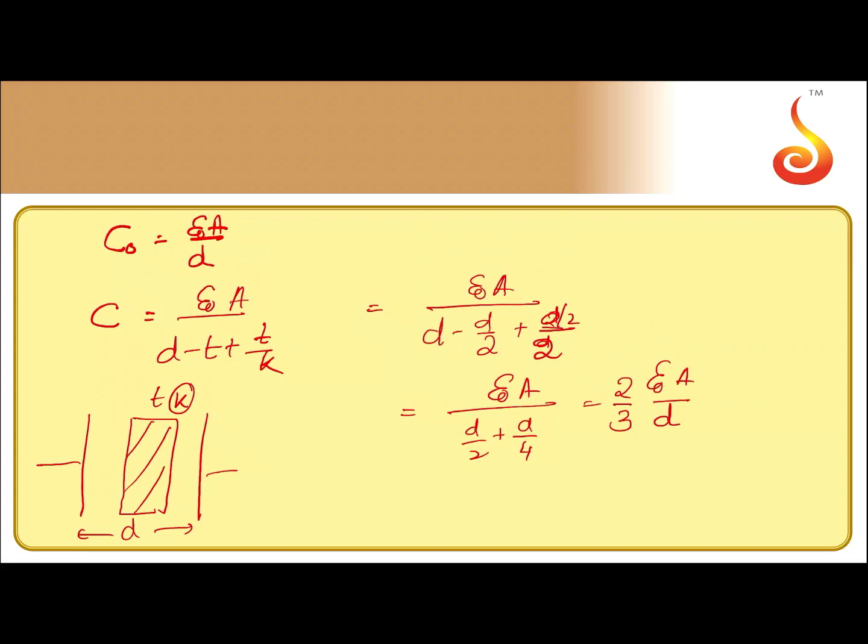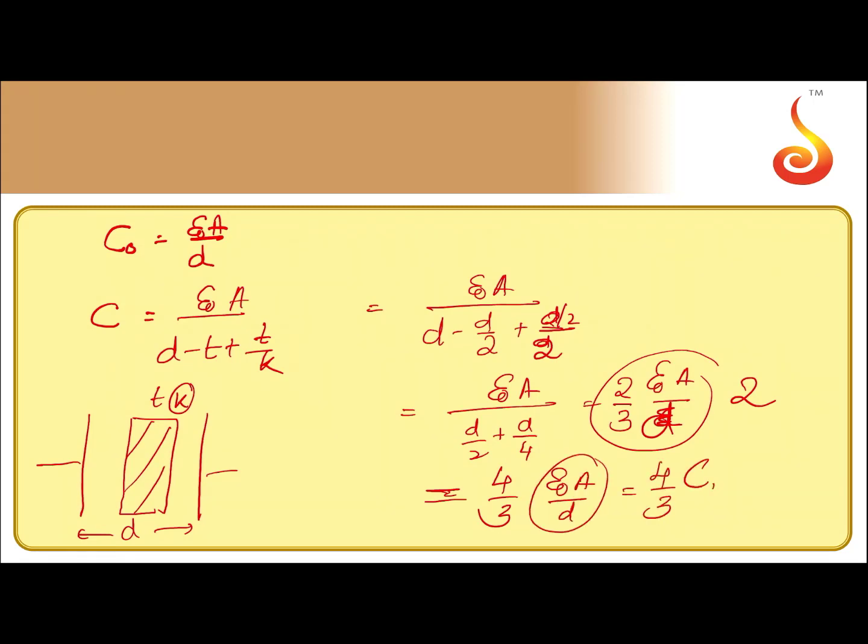that is nothing but 4 by 3 times epsilon naught A divided by D. But this is the initial capacitance.